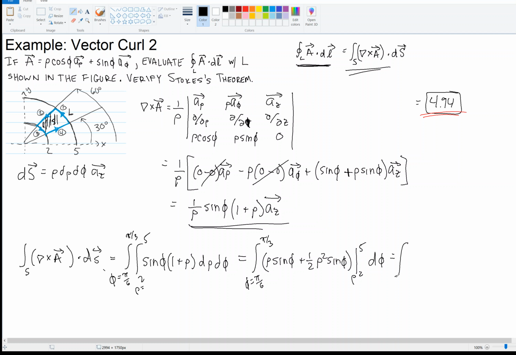So when I do that, I plug in 5 for rho, so I've got 5 sine phi plus 25 halves sine phi, and then minus, what I get when I plug in rho is 2, so I get 2 sine phi, and then 4 over 2, so this becomes minus 2 sine phi d phi.